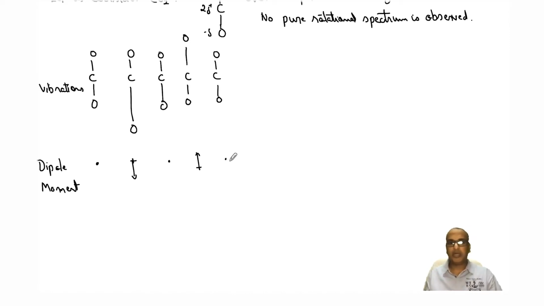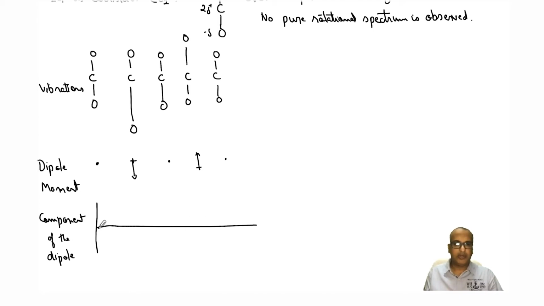So again, it is following a periodic motion. If you look at the vertical component of the dipole moment, it will be 0 at this point, then negative at this point, 0 again, positive, 0. So you can see that there is a sine wave which is being formed, right?